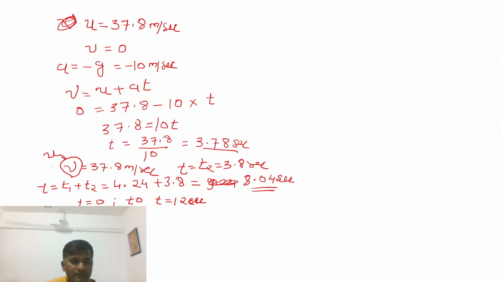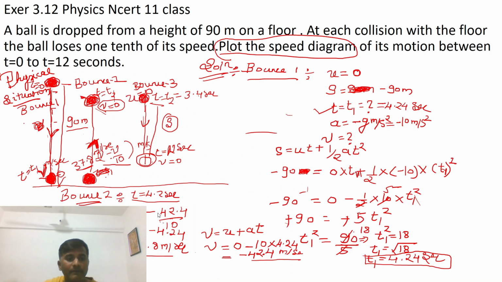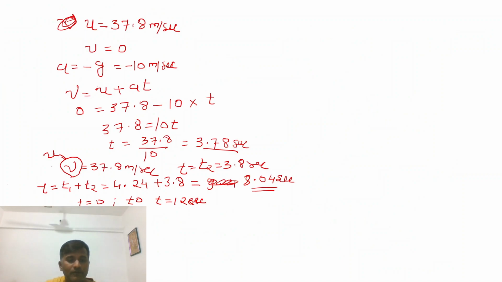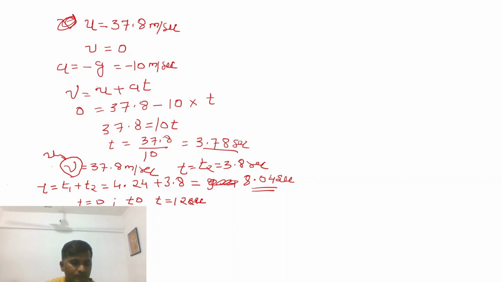While bouncing 3, it is coming back, right? Initial velocity is 0. Final velocity we have to find out. Acceleration again we know is minus g, it will be minus 10 meter per second.